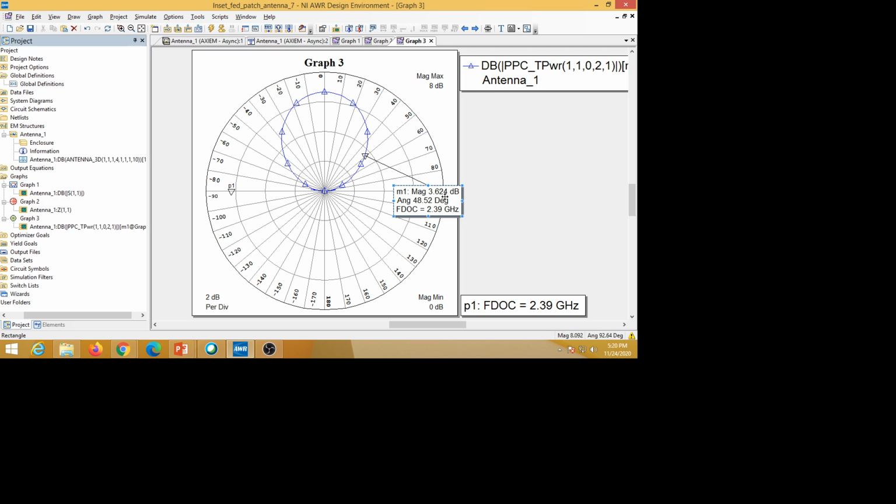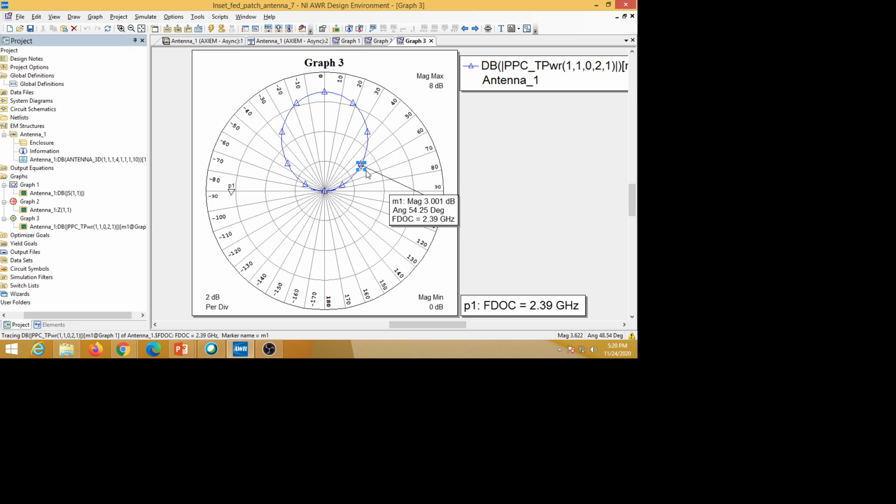Like that, gain varies as theta varies, it doesn't remain the same. Gain is maximum here, and as theta varies, the gain changes. At theta 48 degree, we have gain equal to 3.6.